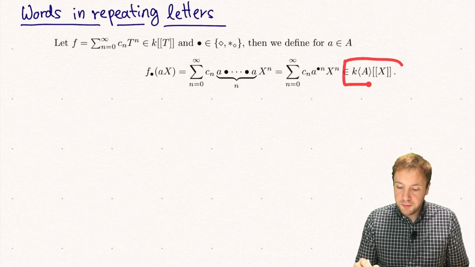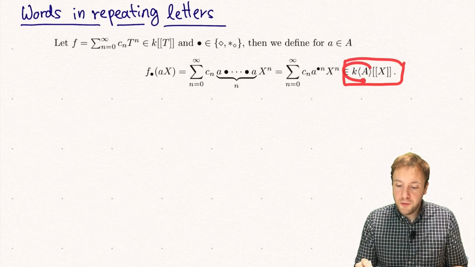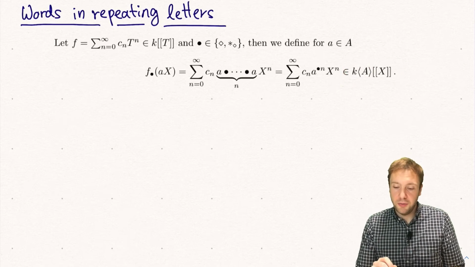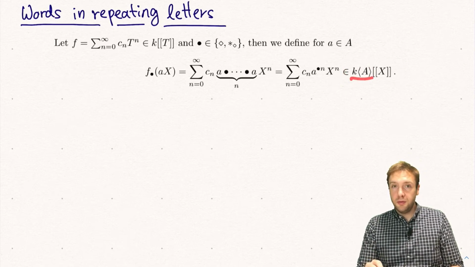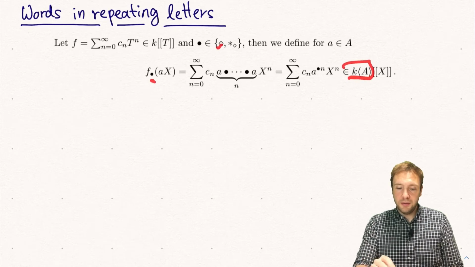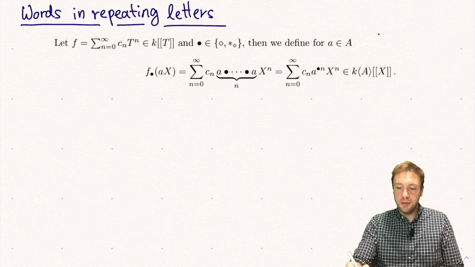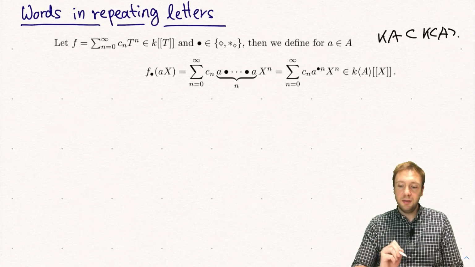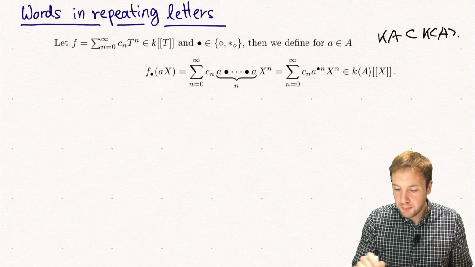So this gives us a formal power series where the coefficients are now in our space of words. Of course, if we take the diamond for the bullet, then the coefficients are also in K A, but K A is a subspace of the space of words.